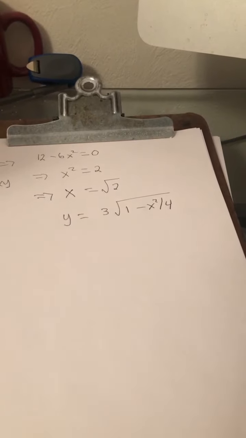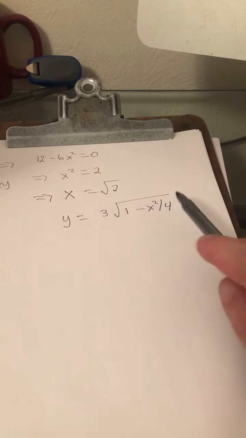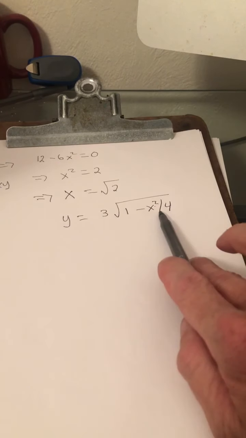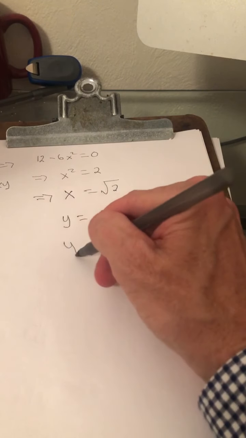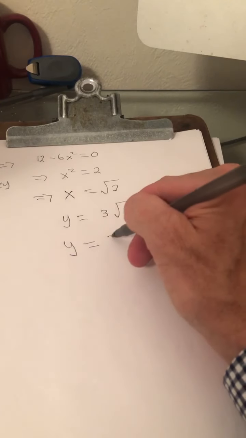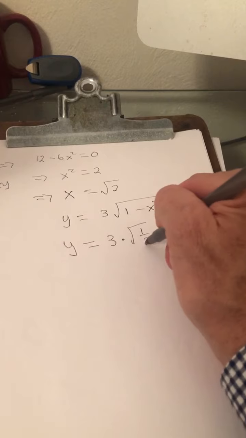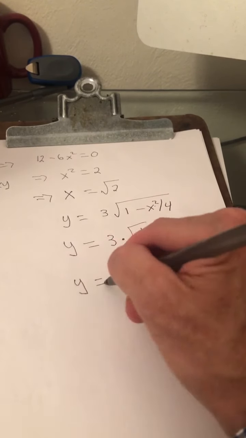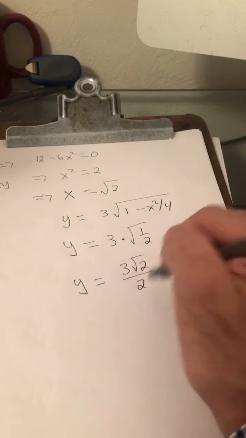But if x is equal to the square root of 2, x squared is 2. 2/4 is 1/2. 1 minus a half is a half. So that tells us that y is equal to 3 times the square root of 1/2, which if you rationalize, we get y is equal to 3 times the square root of 2 over 2.